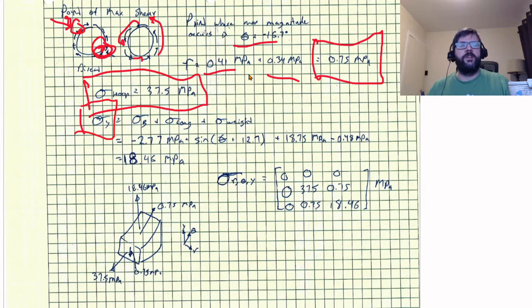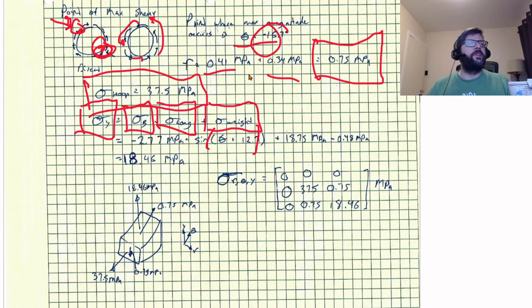The y direction is going to be a combination of the bending stress, the longitudinal stress, and the stress from the weight. So again, we'll be plugging in negative 16.7 for our formula that tells us what the bending stress is. Negative 2.77 MPa times sine of negative 16.7 plus 12.7 degrees.